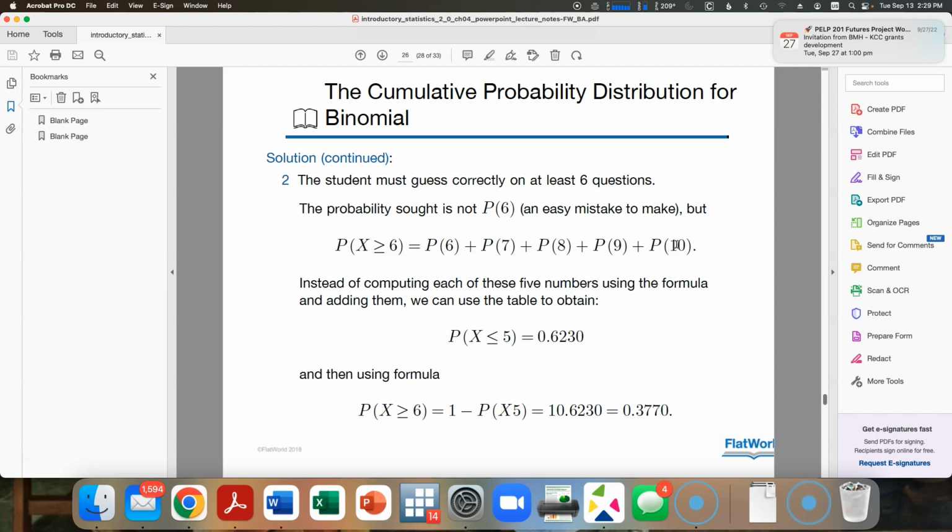Sorry, I need the left tail. Sorry, I'm just looking at our appendix here. Oh, I'm sorry, 5. Okay.